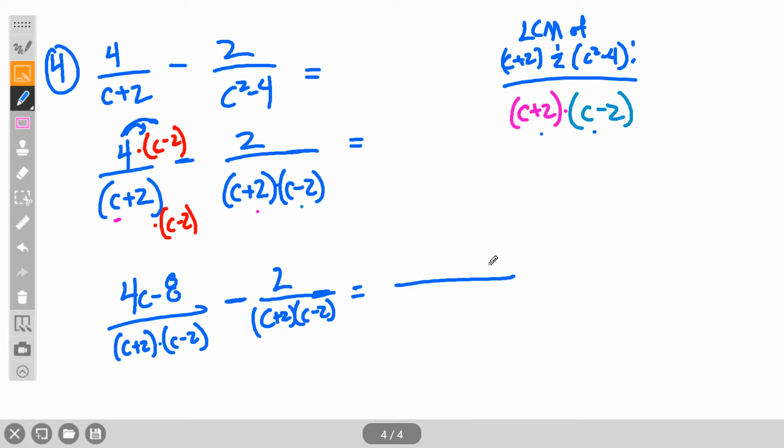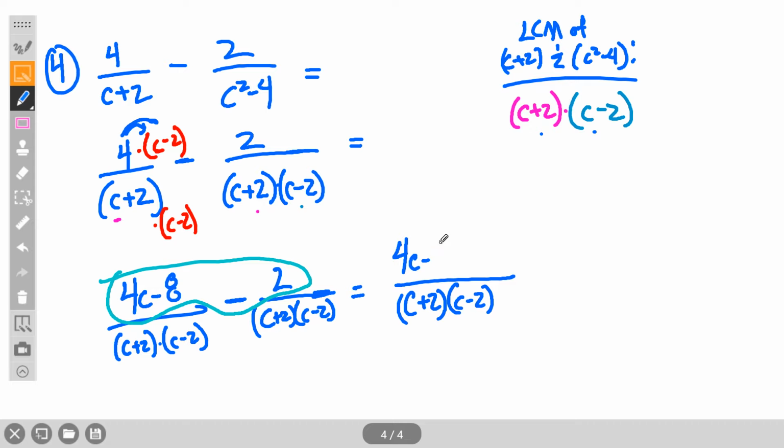Now that they're over the same thing, my answer is also going to be over c plus 2, c minus 2. And all I have to do now is the operation with the numerators. So 4c minus 8 minus 2.